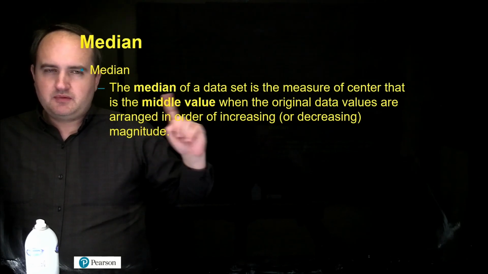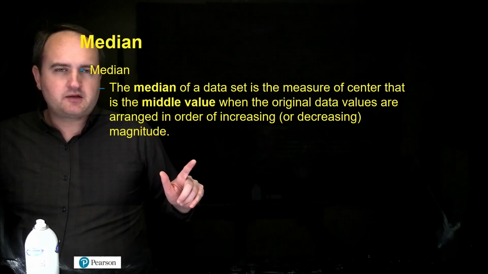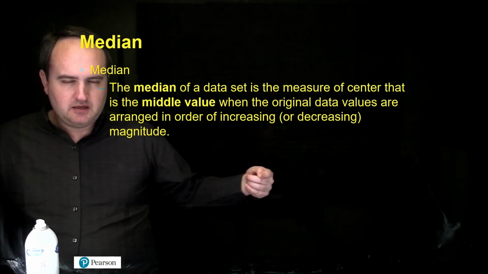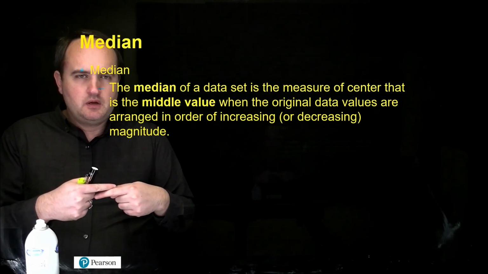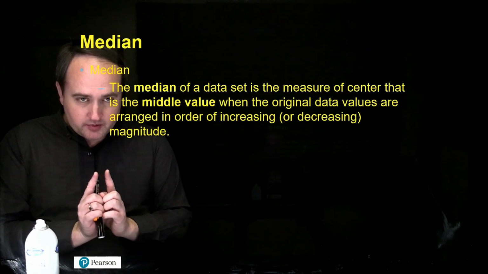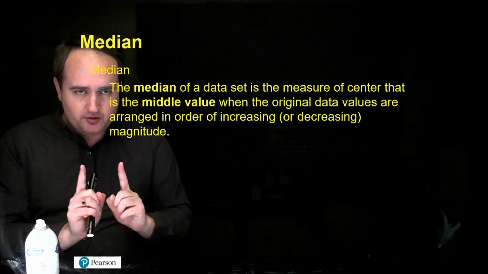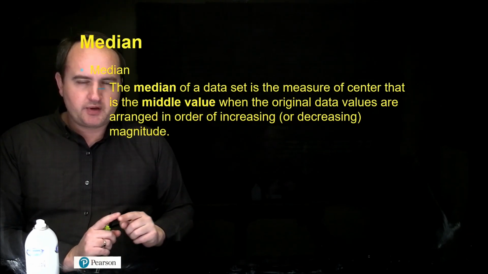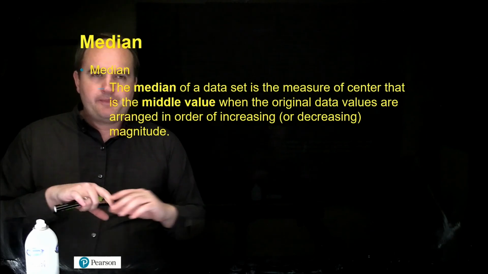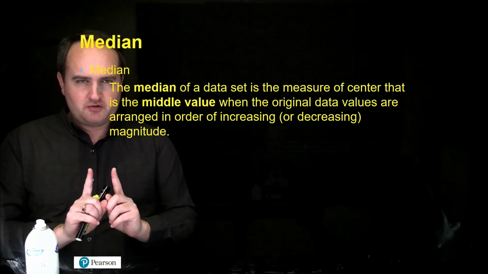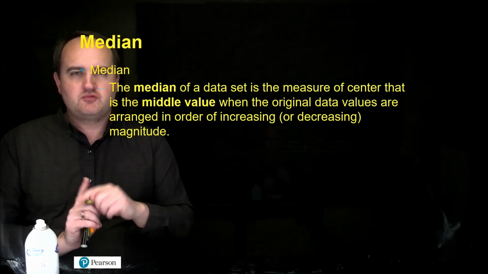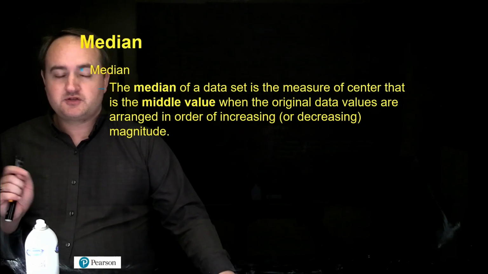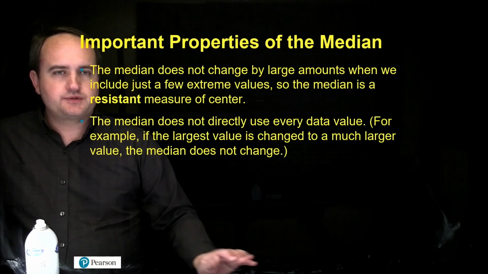So this is a lot of fun to calculate because all you have to do is put the numbers in order and then either count in from the ends or just look at the numbers and figure out whether there are 2 middle numbers or 1 middle number. So here it says middle value, but if you have an even number of data values, then you may have 2 middle values, in which case you have to add up the 2 middle values and divide by 2. But it's still not too bad. It's pretty straightforward.